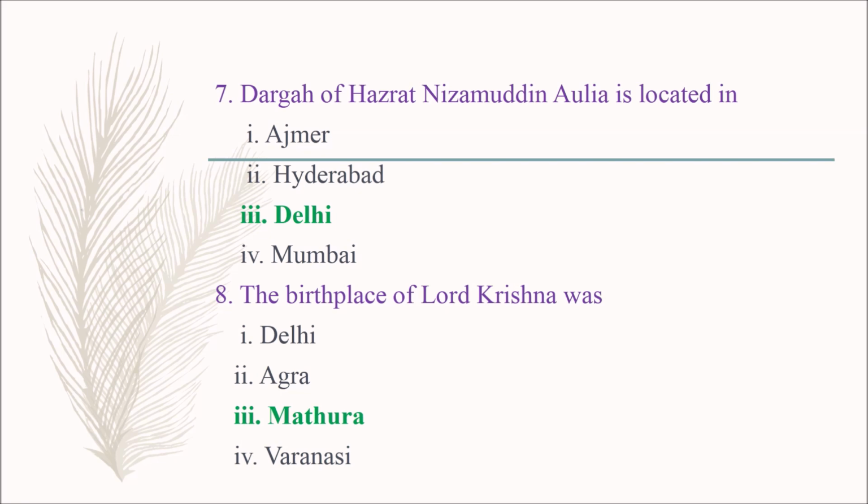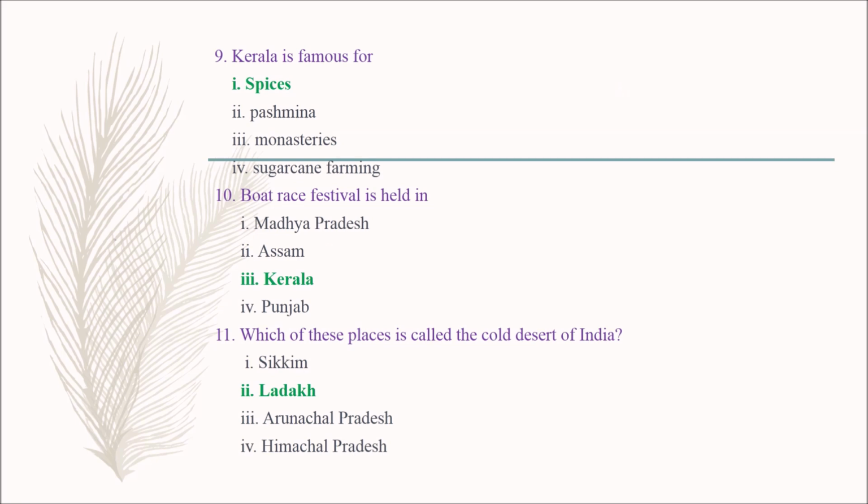So the correct answer is option 3 Mathura. Question number 9. Kerala is famous for option 1 spices, option 2 pashmina, option 3 monasteries, option 4 sugarcane farming. So the correct answer is option 1 spices.